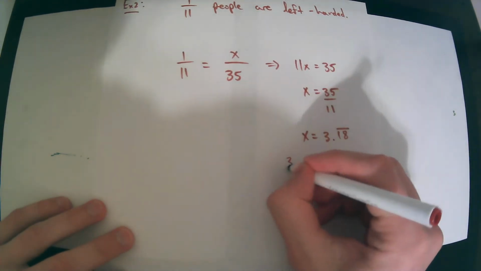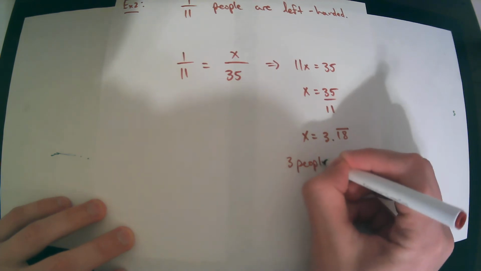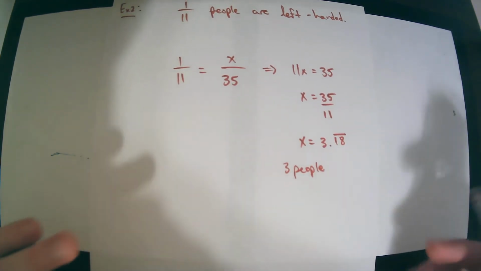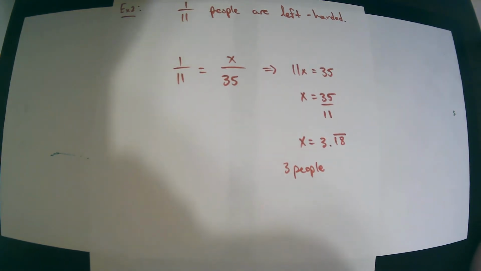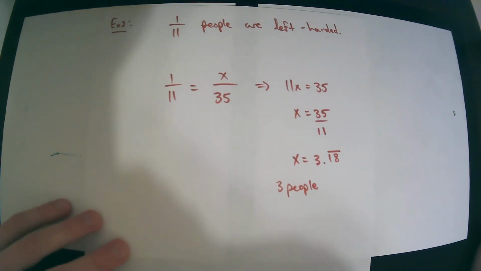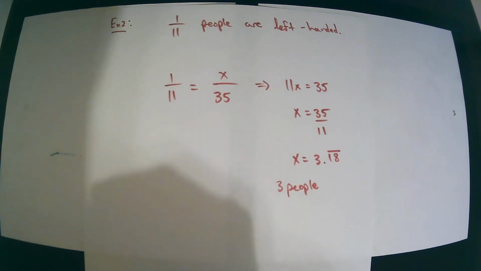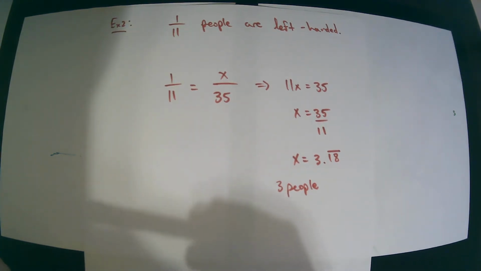I would say the estimate is closer to 3 than it is to 4, so I would say 3 people, roughly, should be left-handed in our class, if our class is a good representative sample of the people that are left-handed. It's not guaranteed, right? It's not guaranteed.